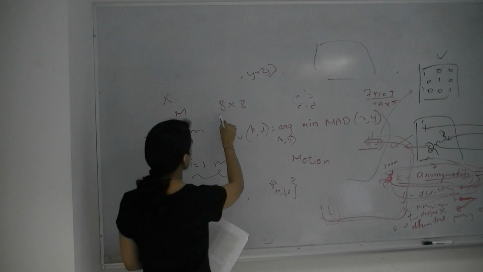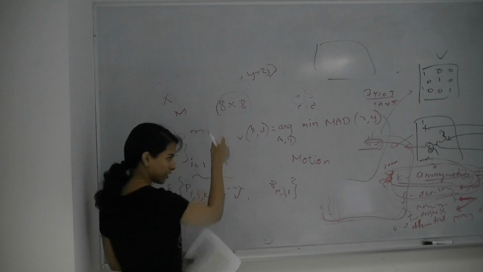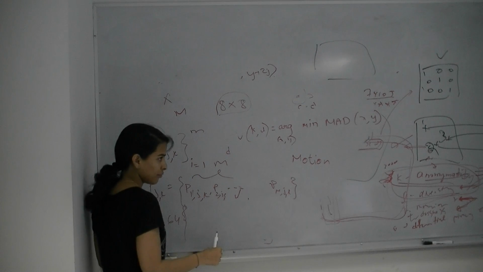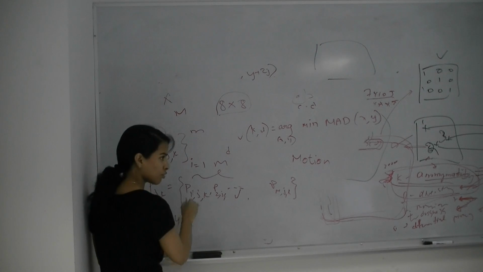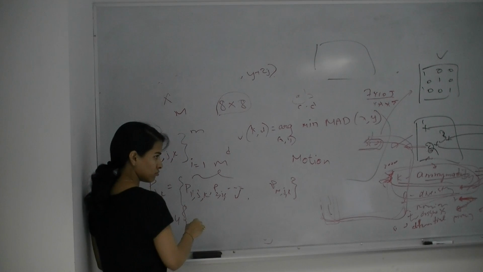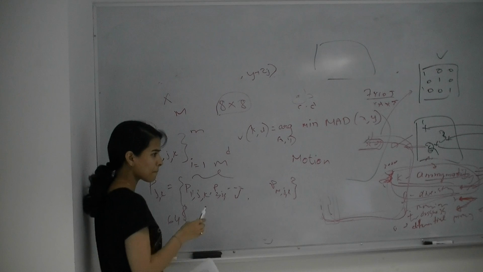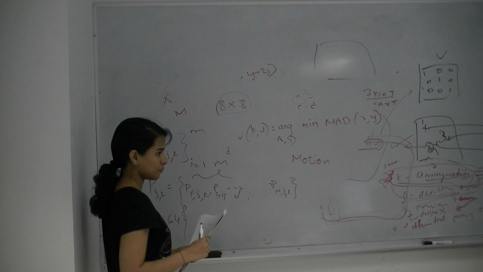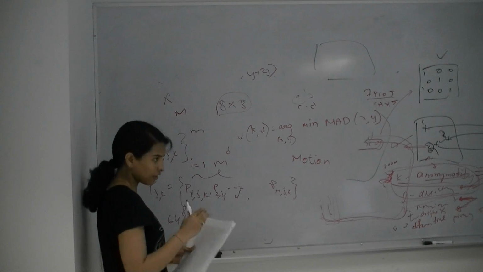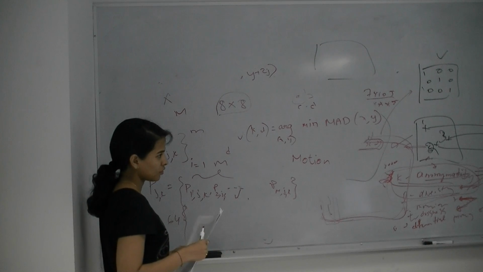Suppose it's an 8 by 8 patch, we'll concatenate all the columns and rows into a single column, so this will have 64 rows in it. So the m similar patches are from the frames after the reference frame. Yeah, after the reference frame.